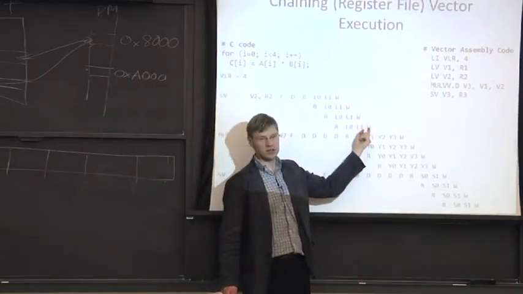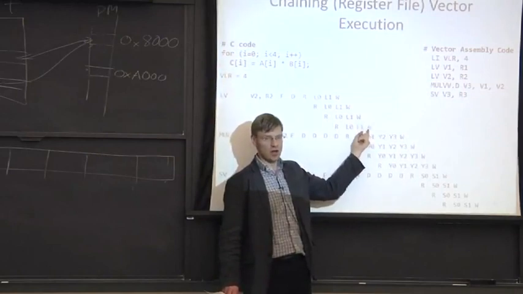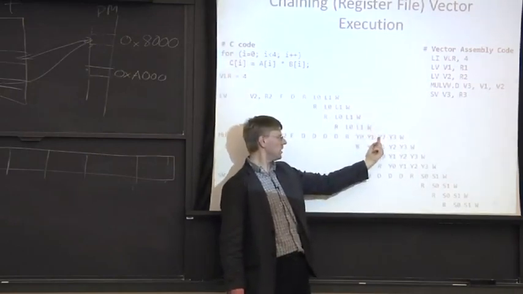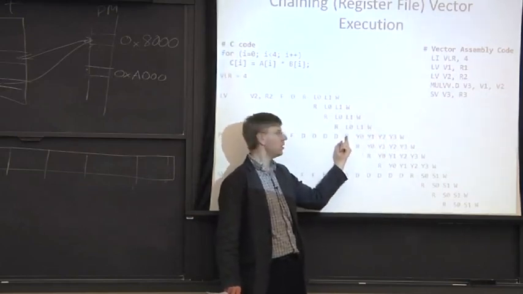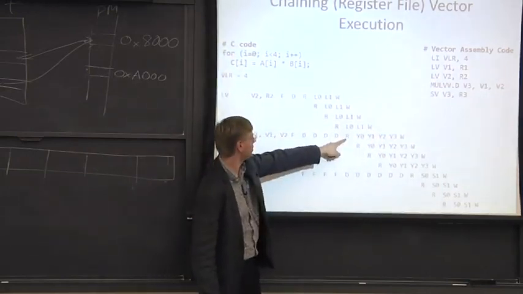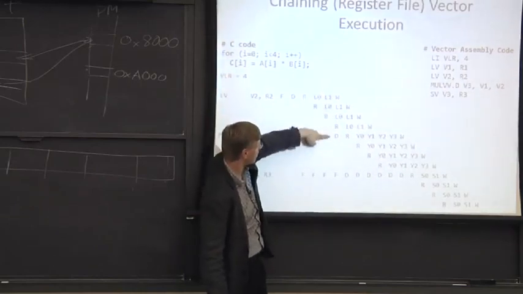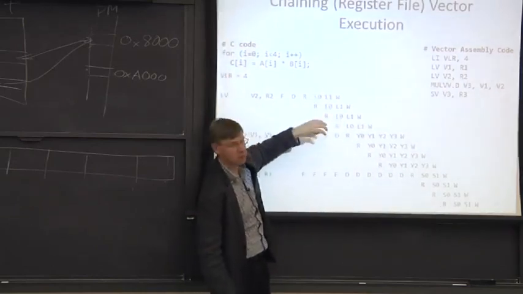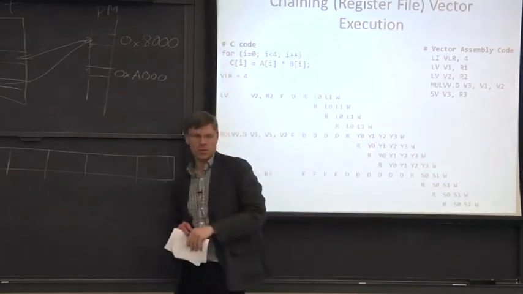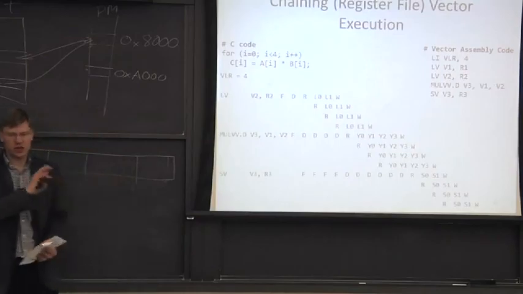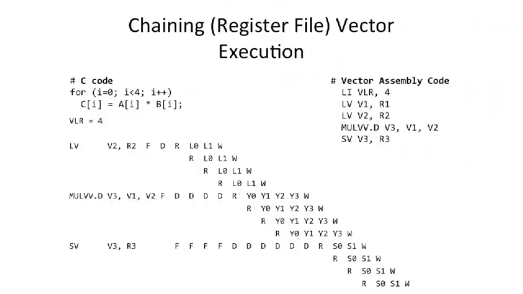We had to wait for the entire vector register to be written. So we effectively pulled this forward from here to there. But you might notice here that this value is already here, so we can try to pull it a little bit farther forward by adding bypassing, or more traditional bypassing. But this is just chaining through the register file.